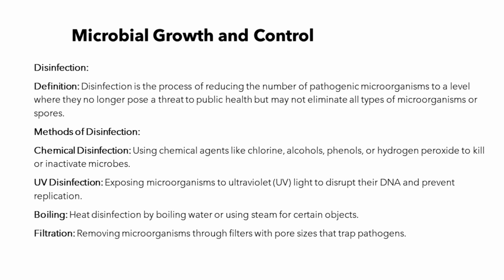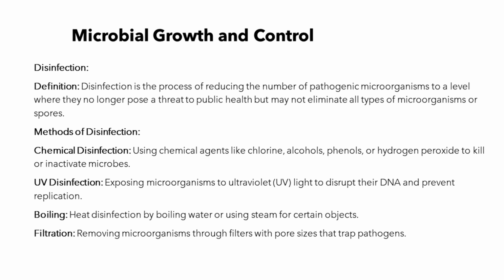no longer pose a threat to public health but may not eliminate all types of microorganisms or spores. Methods of disinfection. Chemical disinfection, using chemical agents like chlorine, alcohols, phenols, or hydrogen peroxide to kill or inactivate microbes.